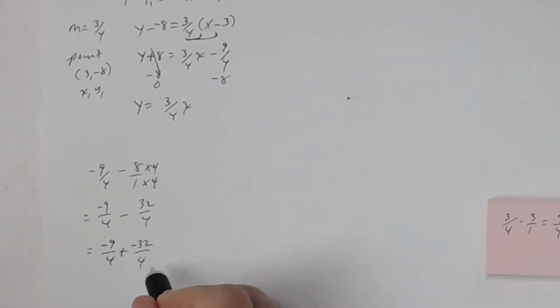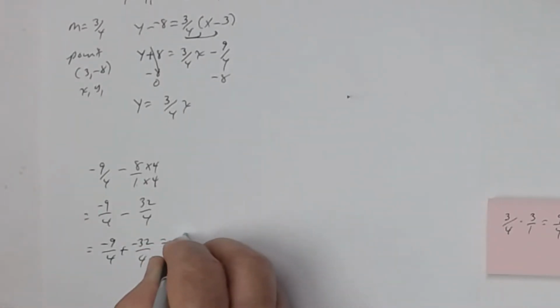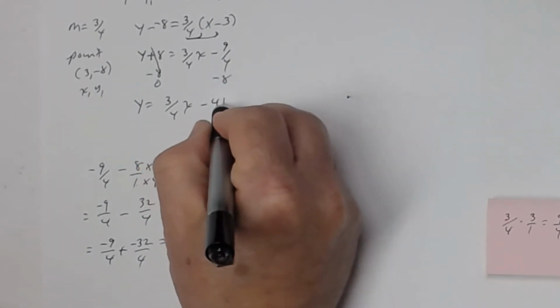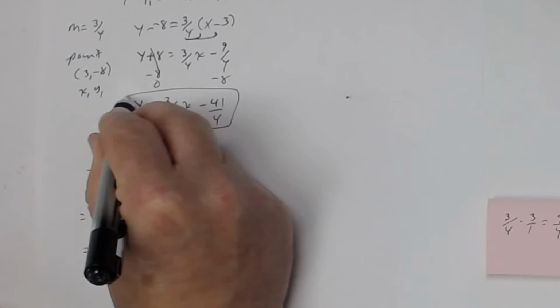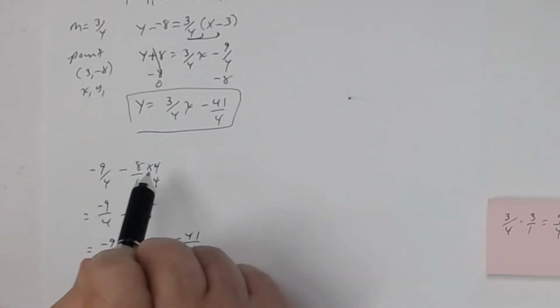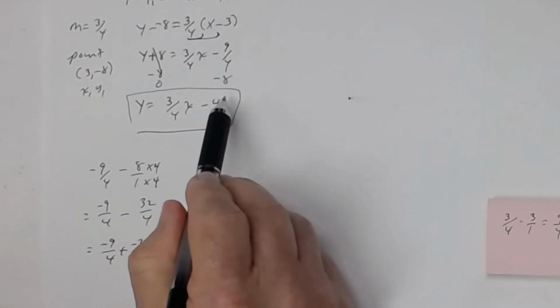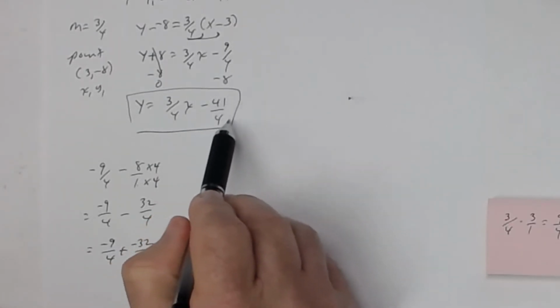And so now when I add those two fractions together, since they have the same denominator, I'm going to get a -41/4. And so that goes here, negative 41 fourths. And there's your equation. So I wrote the equation in slope-intercept form. Notice the slope is 3 fourths, and the y-intercept, remember, intercept form, that's your y-intercept.